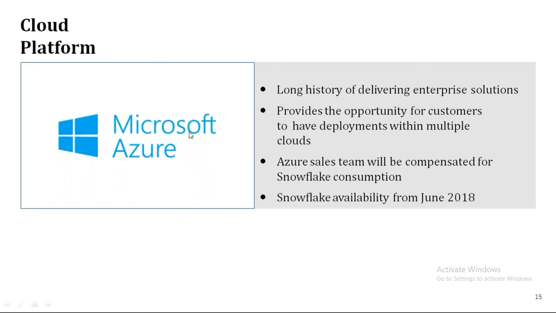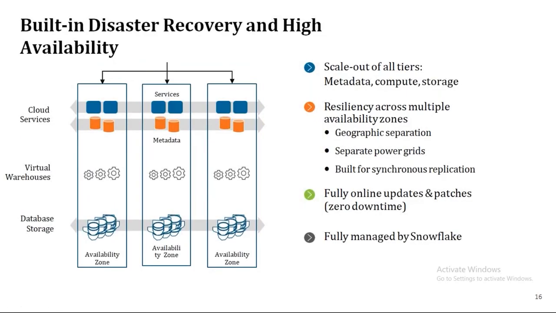Let's say I'm already using AWS, but I want to maintain one data lake with Snowflake. Then I can create my Snowflake account with AWS. That is also fine. Or if you want to store the data in Snowflake with Google, you can go with that also. So in any of the public clouds, you can create an account and utilize it.